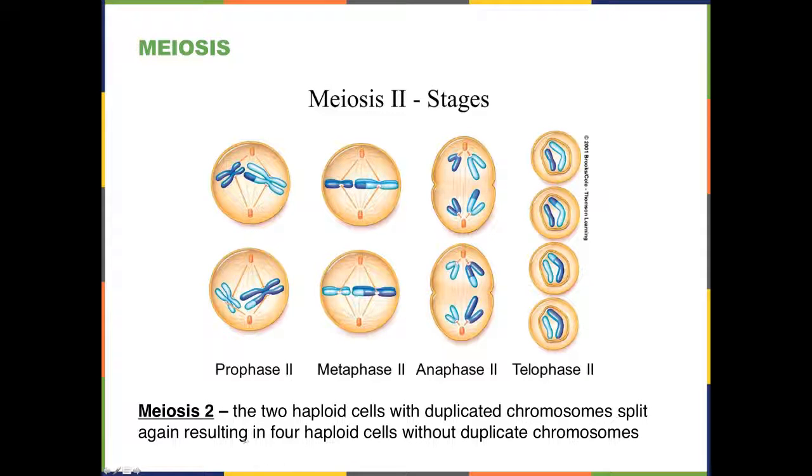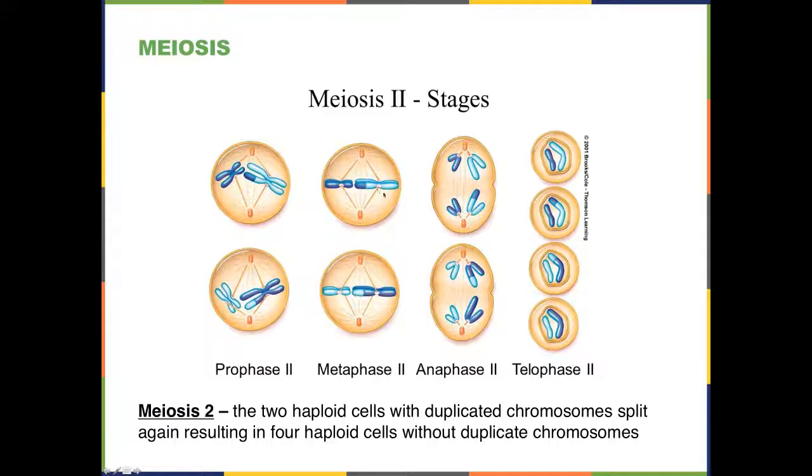Now, meiosis 2 takes these two haploid cells with duplicated chromosomes. You see, these are still duplicated, connected at the centromere, but one of them contains this pair and one of them contains this homolog, so they're separate from each other. This diagram does this so you can tell these are two pairs, but they're different.